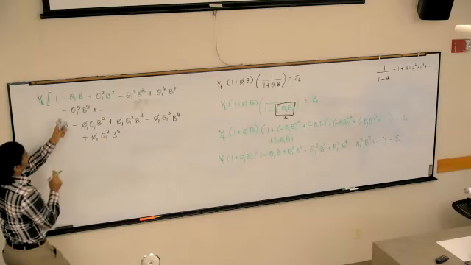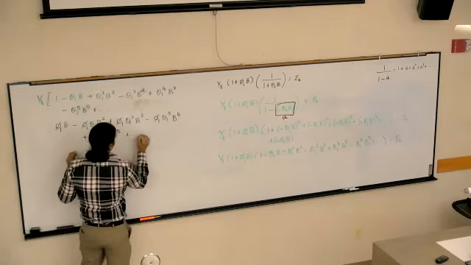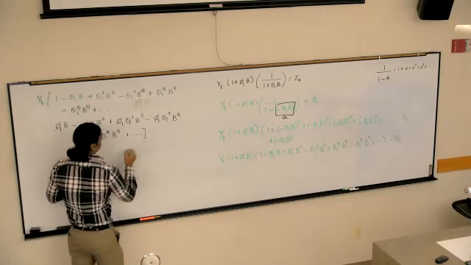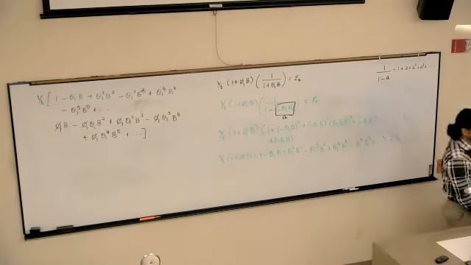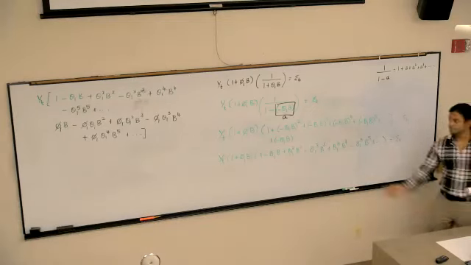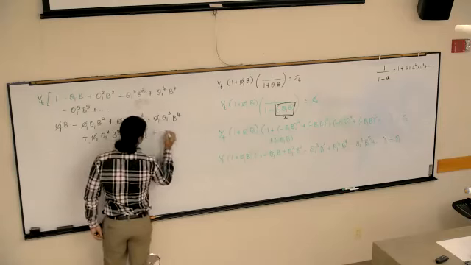Good enough, because I've got up to B raised 5, so dot dot dot. So that was equal to epsilon t.